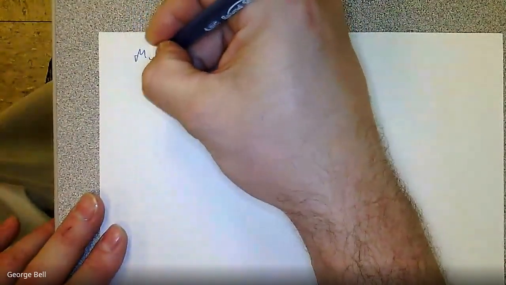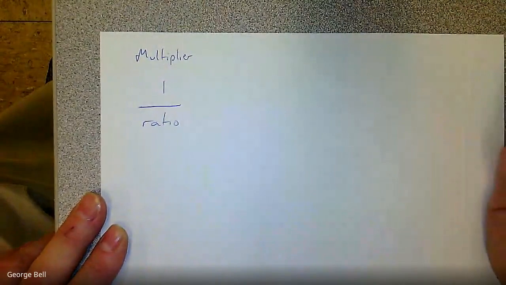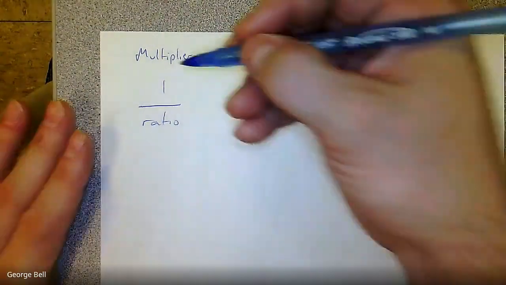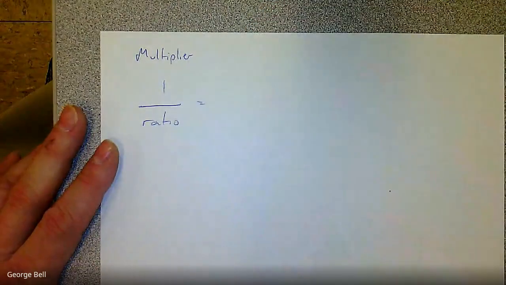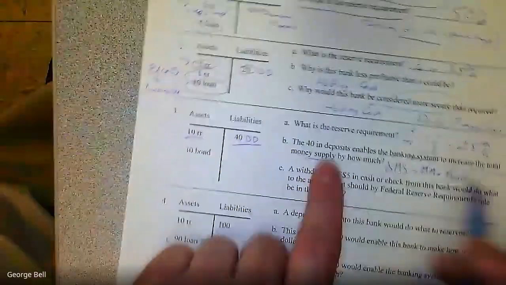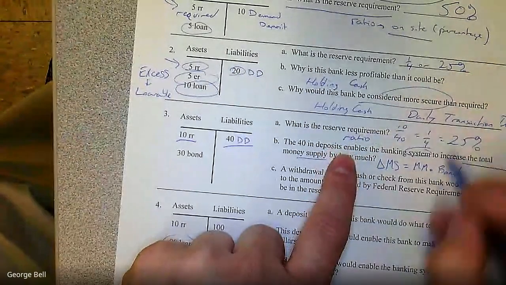Now, the money multiplier, let's just go to the back and do the quick math here. The money multiplier equals the ratio under the number 1. And so 1 divided by the ratio equals the money multiplier. In this case, then, we determined that the ratio, reserve required ratio, is 25%.